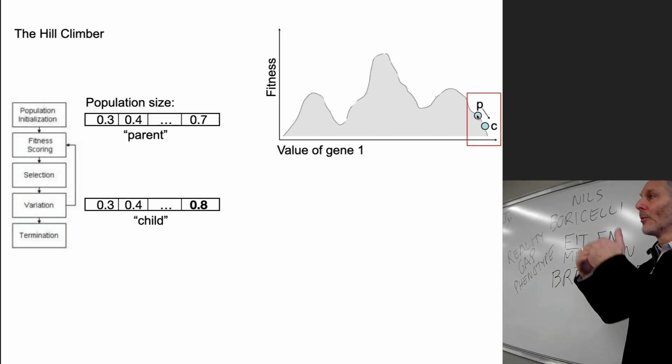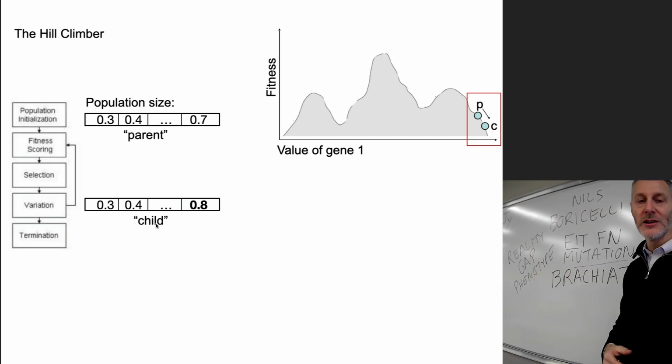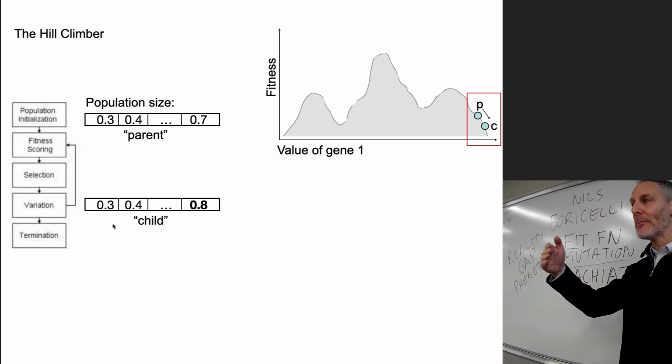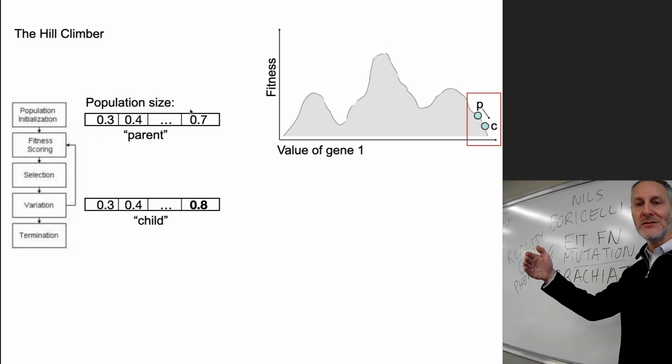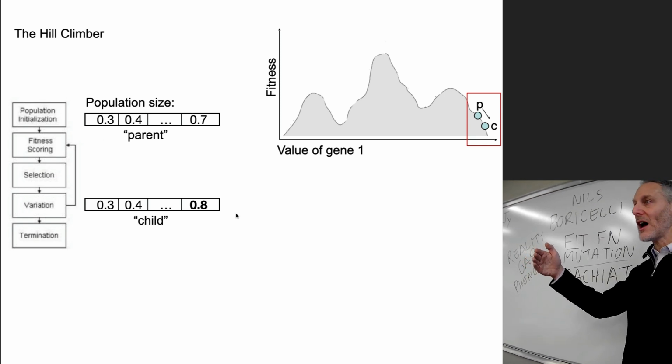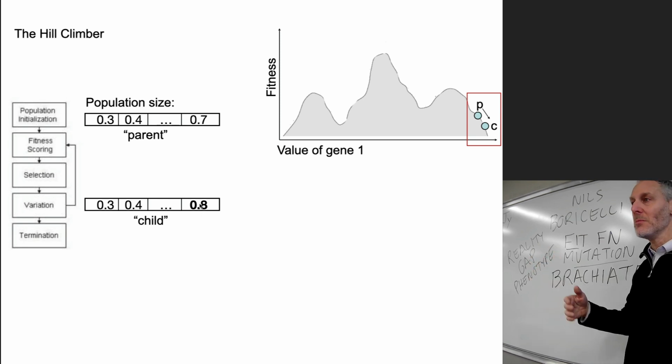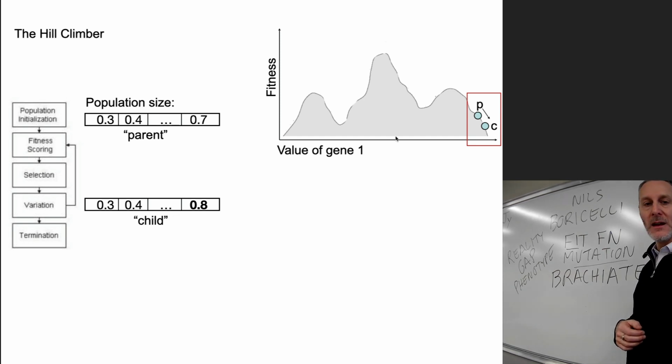That parent now produces one child down here. And as we're copying the child, as we're copying all the gene values from the parent into the child vector, every once in a while, we make a mistake, or the hill climber makes a mistake and randomly modifies one or a few values in the child's genotype.